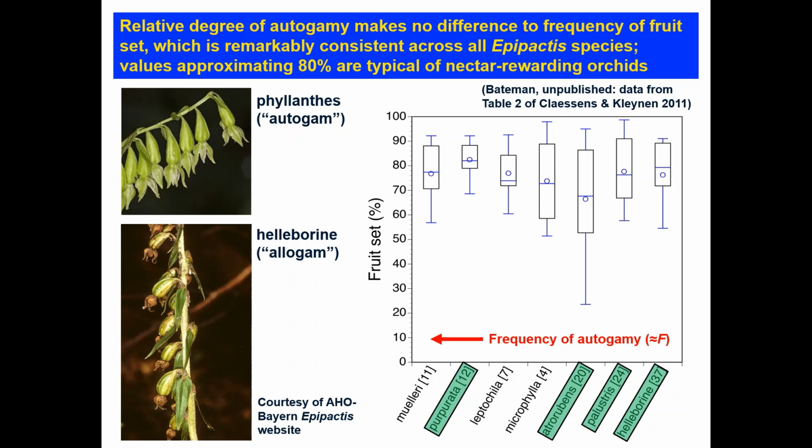And essentially, there's very, very little difference between these different species. They all set seed in about 80% of the fruit. So there's nothing here to suggest that there is a radical difference between autogams or allogams, or that one of these reproductive modes is more successful than the other.